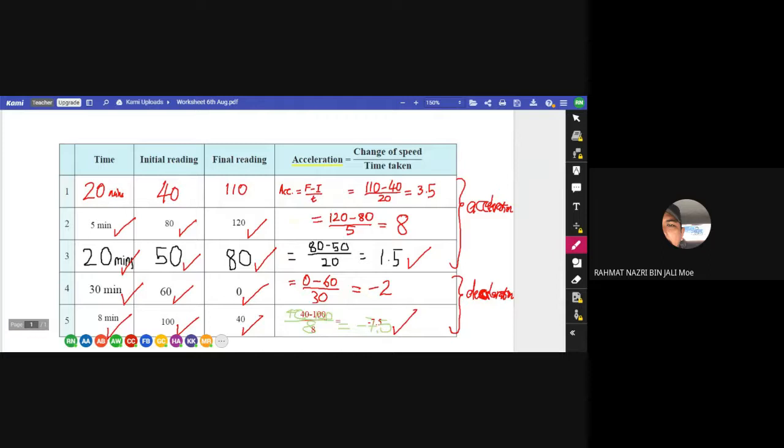For deceleration, it is the same formula, but we get the answer in negative value. Deceleration is a negative value. Acceleration is a positive value. Okay, I think everyone is done, good.